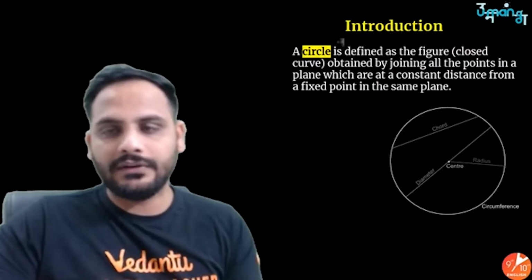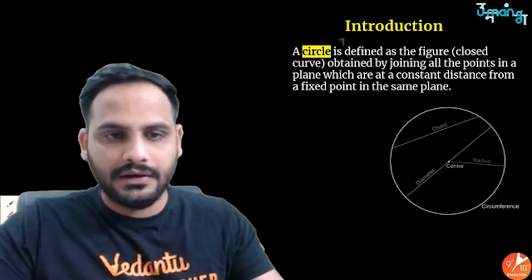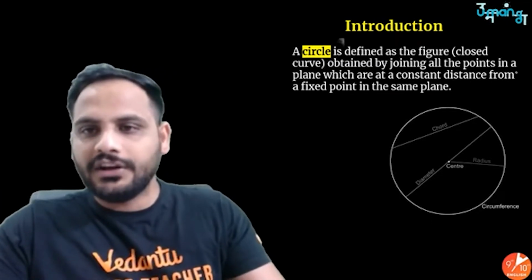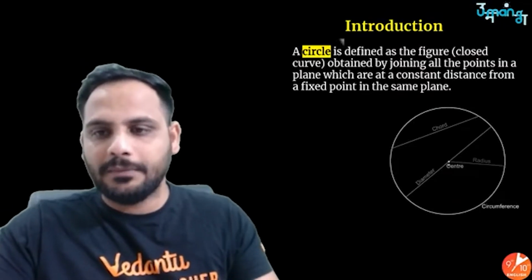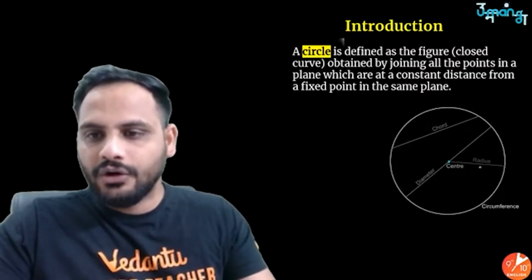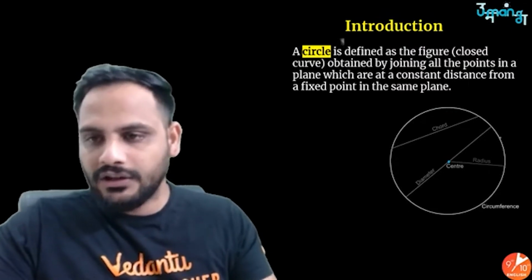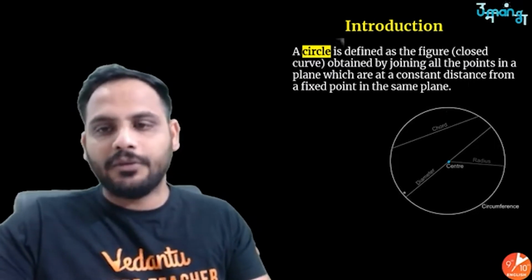So the first thing that we'll learn is the circle. A circle is a figure defined by joining all the points in the plane which are at a constant distance from a fixed point in the same plane. That means all the points at equal distance from the center form a circle.